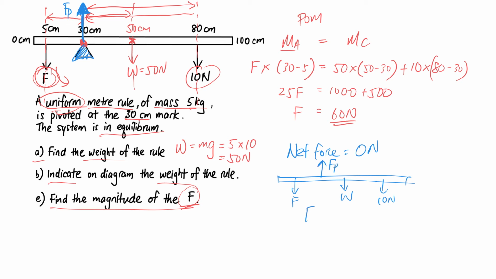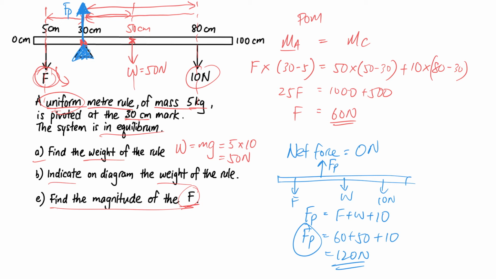So you should know that FP, total upward force, equals the total downward force. So therefore you can now find the FP, because you found F already 60 plus the weight 50 plus 10 here, so total will be 120 Newton.